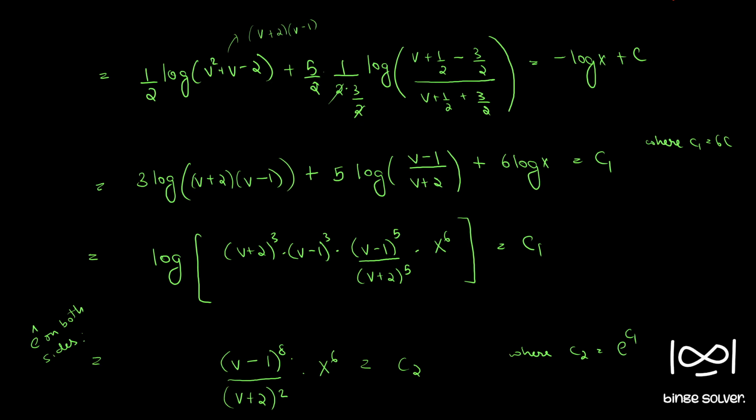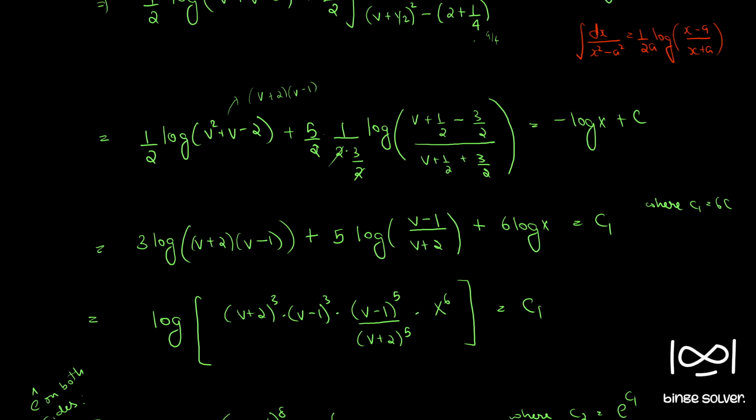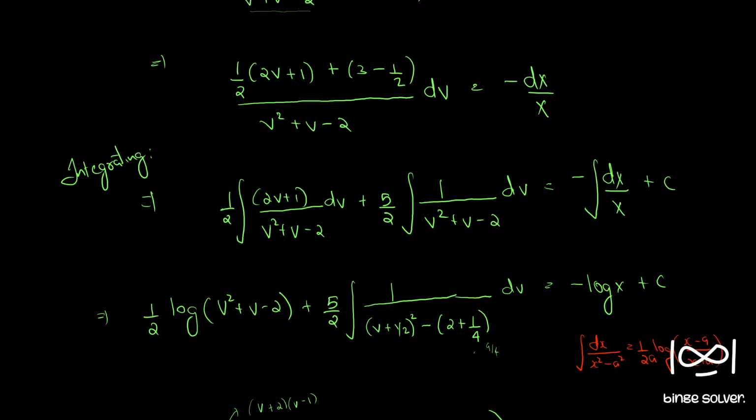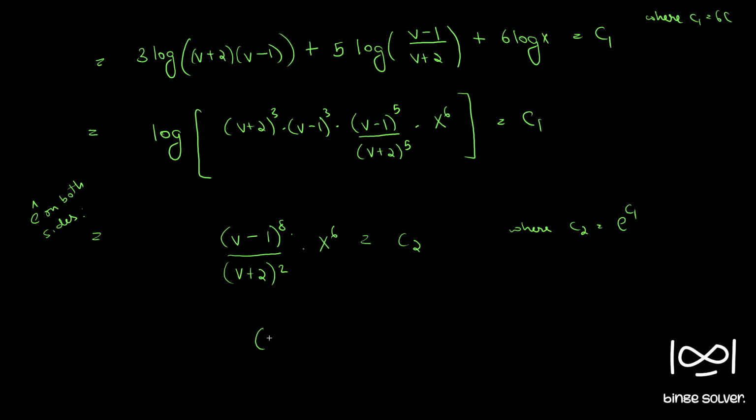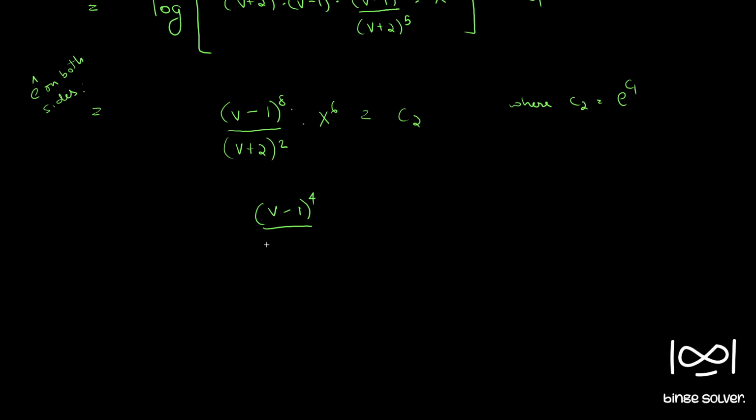Let me just confirm before that. Okay. So if we take the square root, we have (v minus 1) raised to 4 by (v plus 2) into x cube is equal to root c2.